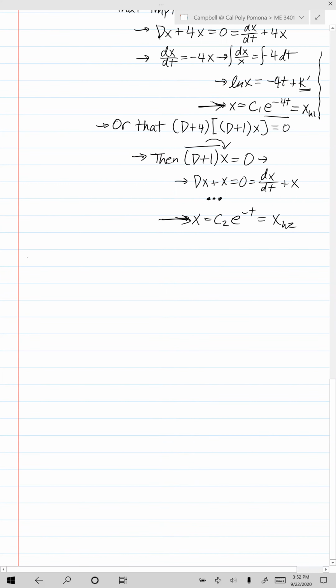Now, last but not least, we have the general solution, which is x is equal to c1 e to the negative 4t plus c2 e to the negative t. And so there we go.